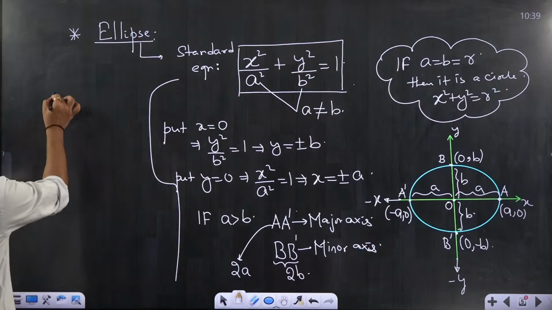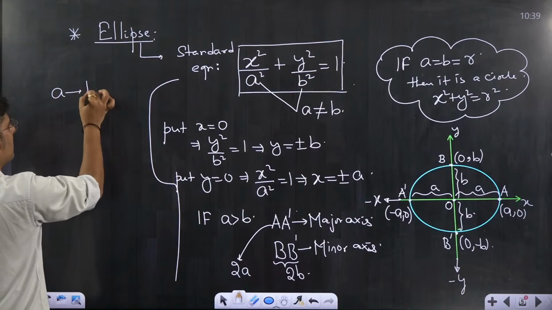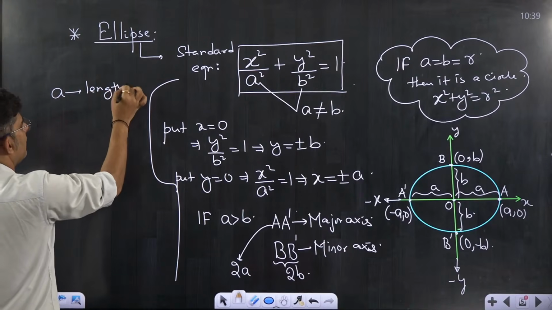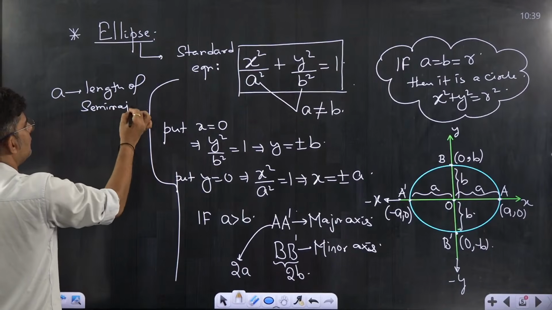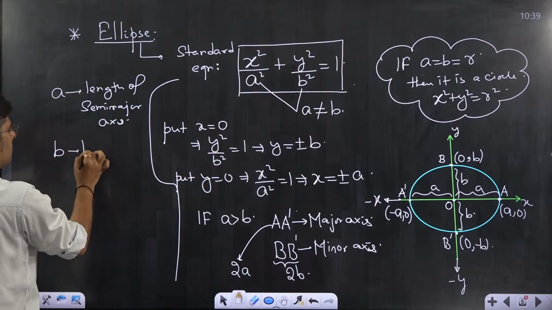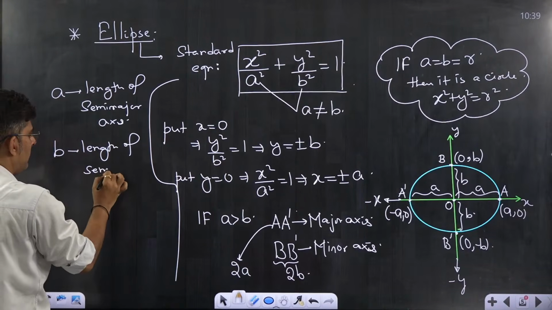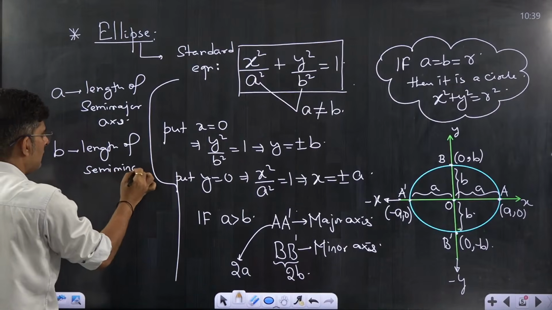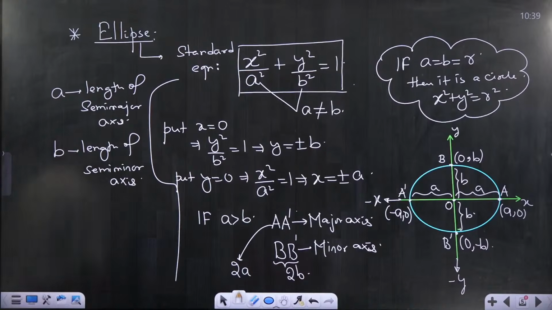A, which is half of the major axis, kindly remember this term, is called the length of the semi major axis, and B is called the length of the semi minor axis. Length of semi major and semi minor axis.